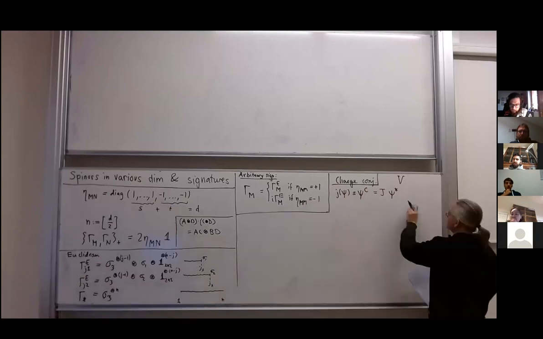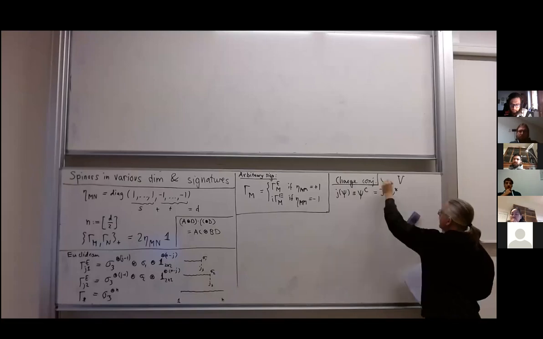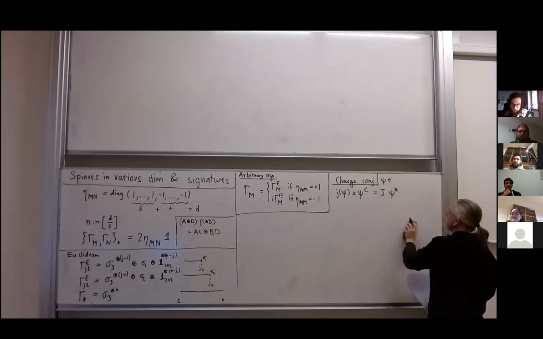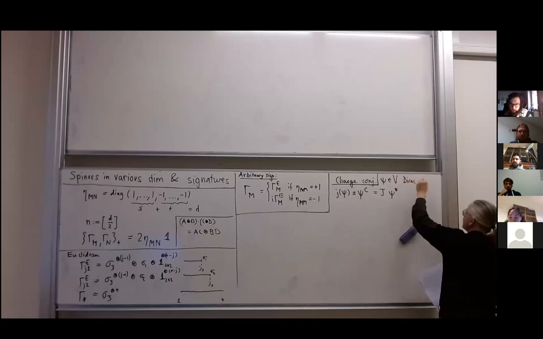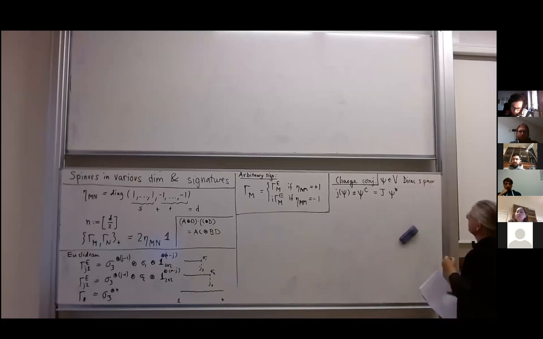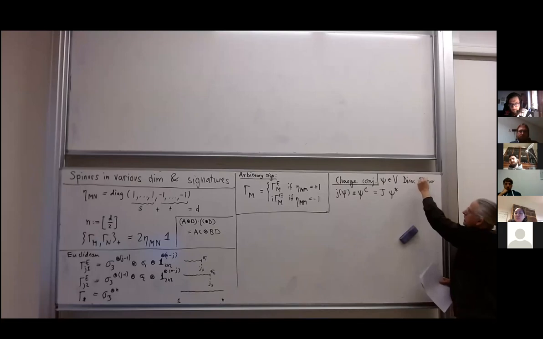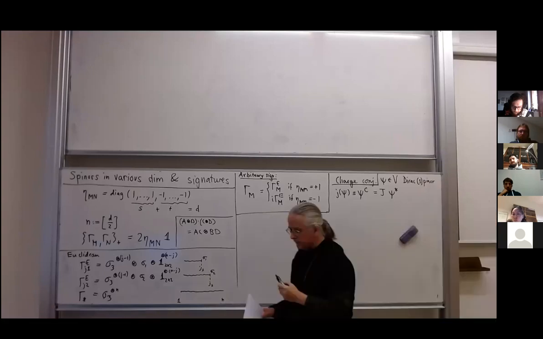So psi belongs to V, and this would be what is usually called a Dirac spinor. But to be perfectly honest, this actually acts on the Clifford algebra. It has, of course, the same dimension. So we can think of it as a pinor, a Dirac pinor.